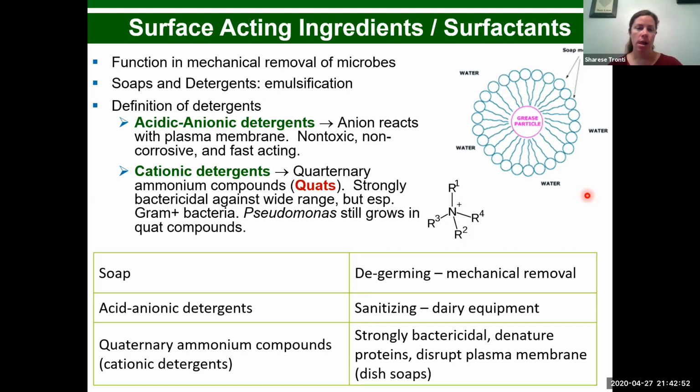And then another example is the cationic detergents. An example of this would be dish soap. And this is more bactericidal because it's going to denature the proteins and disrupt the plasma membranes. They're particularly effective against gram-positive bacteria, but they can be effective against gram-negative bacteria as well.